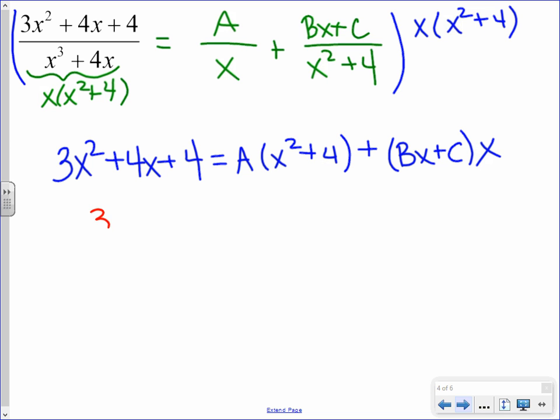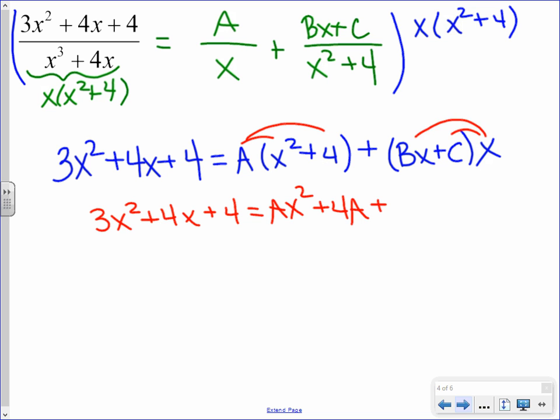The alternate method involves multiplying everything out. So we can distribute the a through here, and we can distribute the x through here.